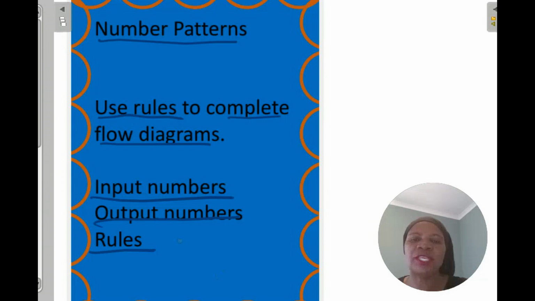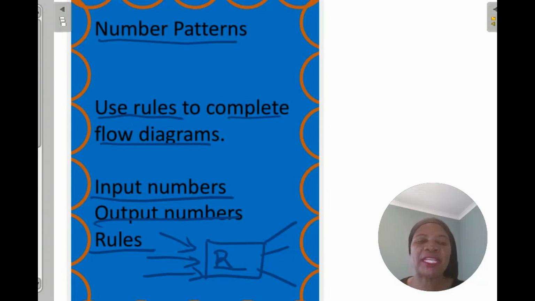The arrows go from the left to where we have the rule in the middle, and then the outputs are the results. The rules take the four operations: multiplication, addition, subtraction, and division.